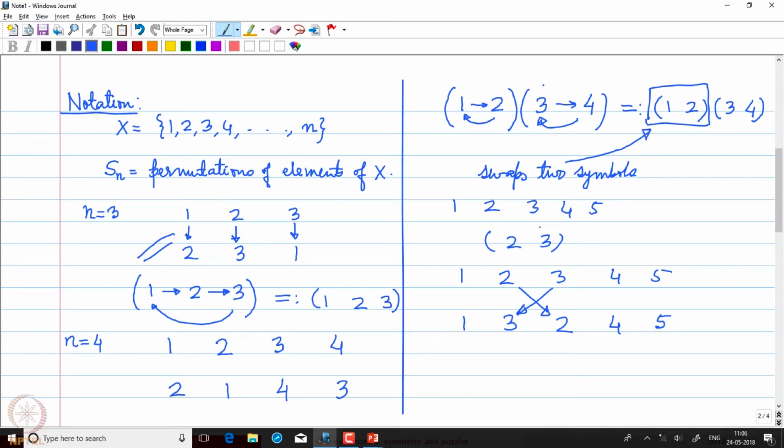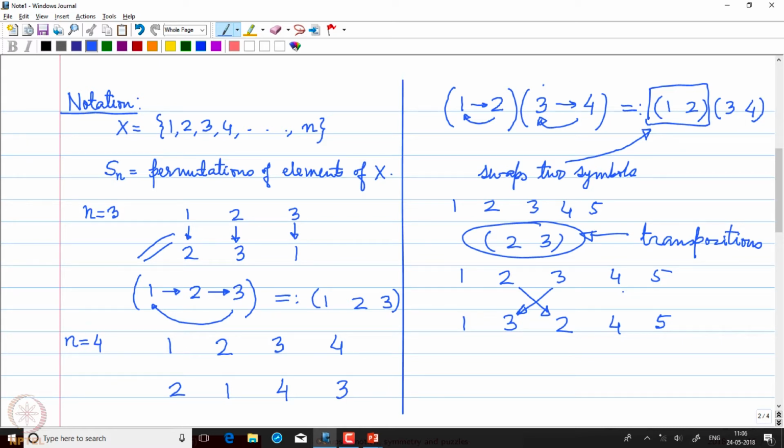So these special permutations which just swap two positions are called transpositions. In fact, just by allowing two symbols to swap repeatedly, it's an interesting fact that we can construct all permutations. Just keep swapping, and that's how you construct all possible permutations.